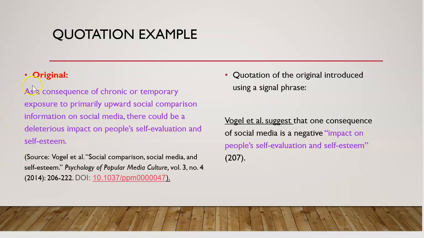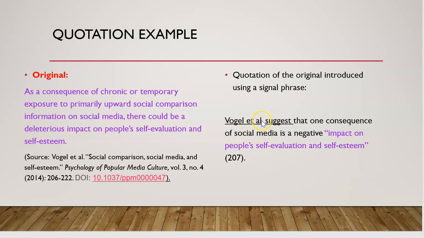If I want to quote this and add it into my essay, I have a couple of different options. So here's the example of one way to do that. It's using a signal phrase, and the signal phrase is just a way of signaling to the reader that here's my research source, and it's basically just including the author's names in your sentence.